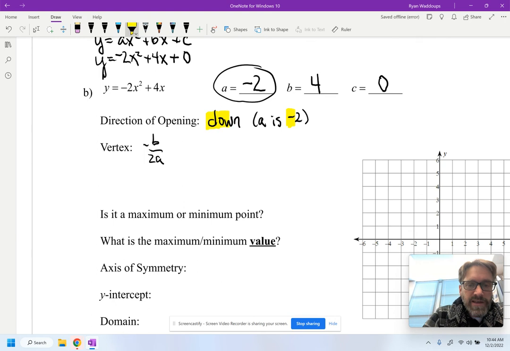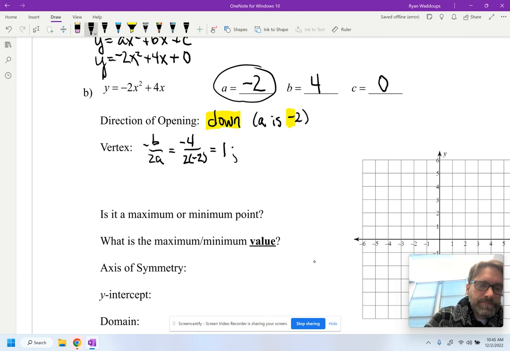And over here, vertex, negative b over 2a. Let's substitute in negative b. That'd be negative 4 over 2 times negative 2. That's the a value. So I've got negative 4 divided by, essentially, negative 4. Negative divided by negative is positive 1. And that's our x-coordinate.